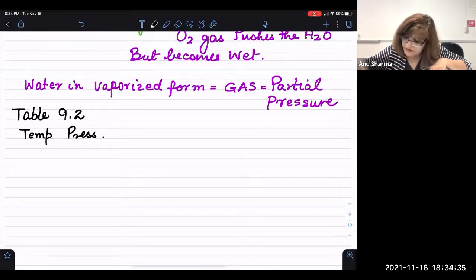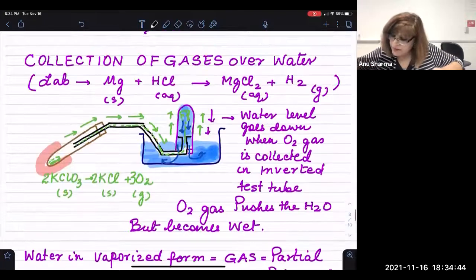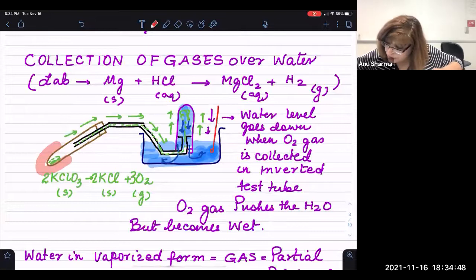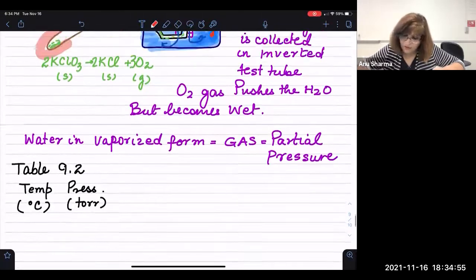And the pressure given is in torr, and the temperature given is in degree Celsius. Okay, so that is why it's very important to have a thermometer here. So we know at what temperature. This thermometer reading, you guys already took that, you guys know it. So this thermometer reading at what temperature?